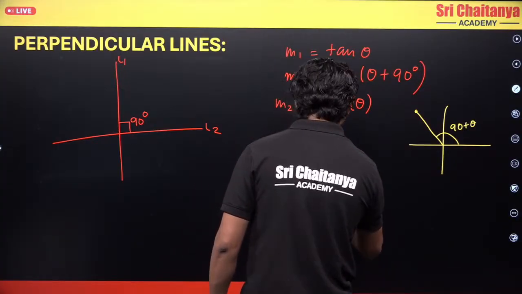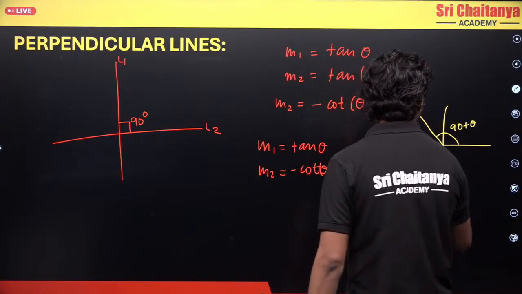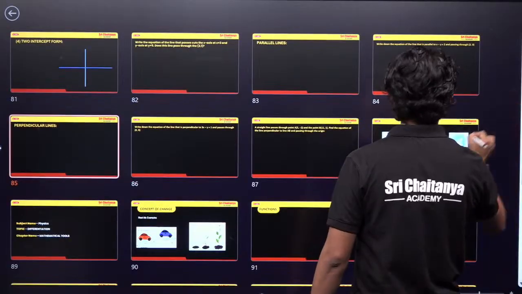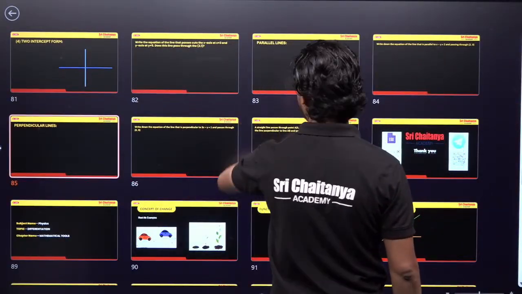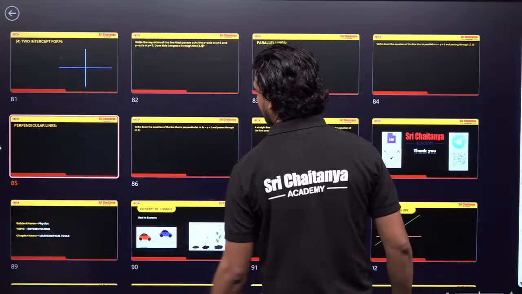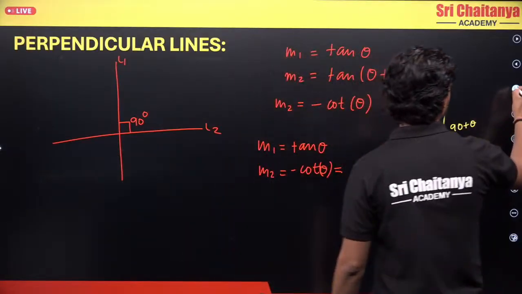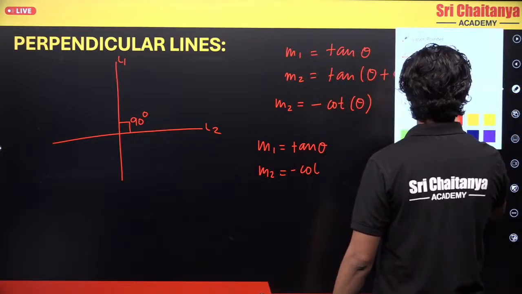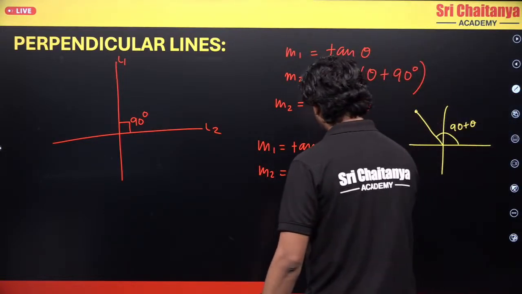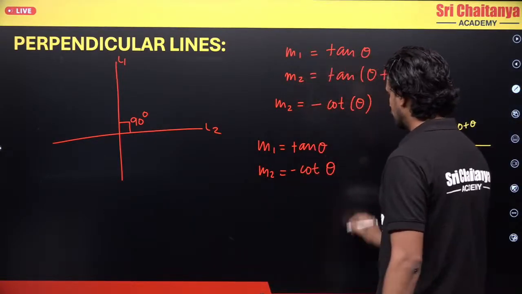And what can I write minus cot theta as?